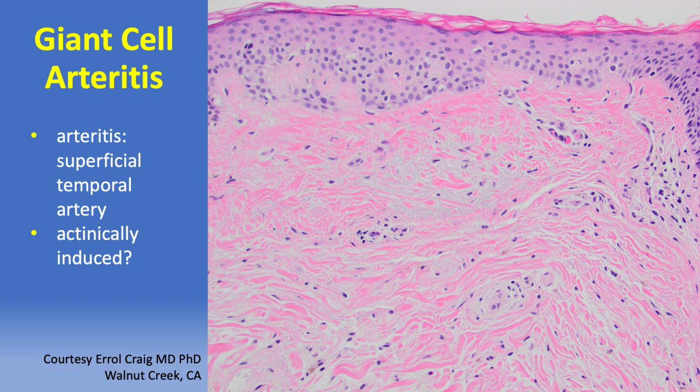The overlying skin in this biopsy shows solar elastosis, reminding me of a prevalent hypothesis from my residency days, suggesting a common denominator in actinically damaged elastic tissue in the pathogenesis of giant cell arteritis, as well as pinguecula of the conjunctiva and actinic granuloma of the skin. However, I haven't really heard anything about that hypothesis in the past few decades.